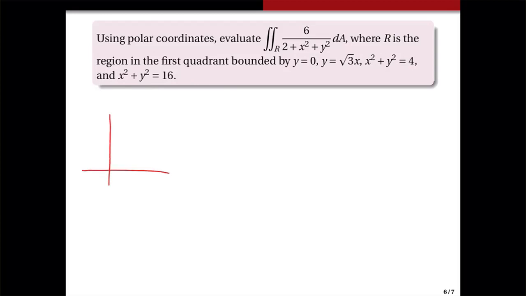So we have y equals 0, so it's this line here. Y equals square root of 3 times x. So if x is equal to 1, y is equal to square root of 3. So maybe it's this point, and we have this line. And then x squared plus y squared equals 4.